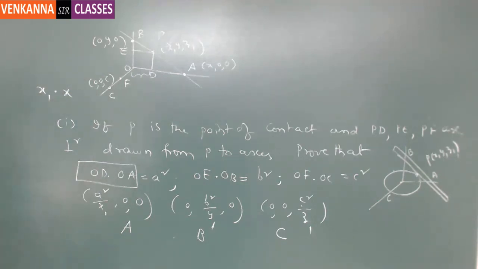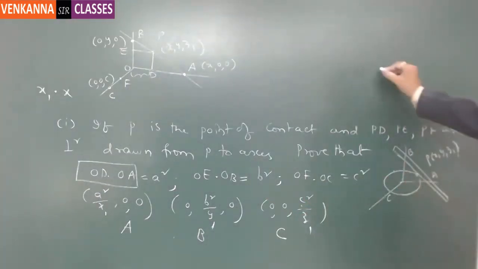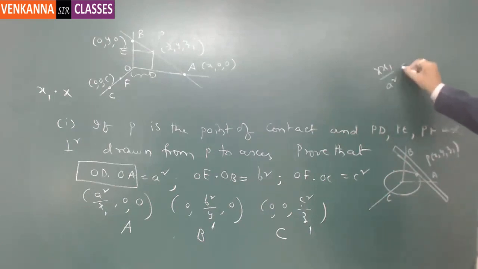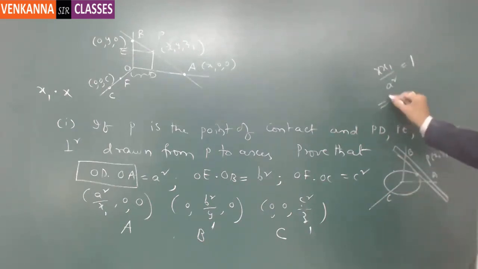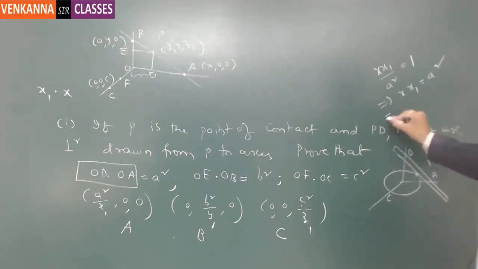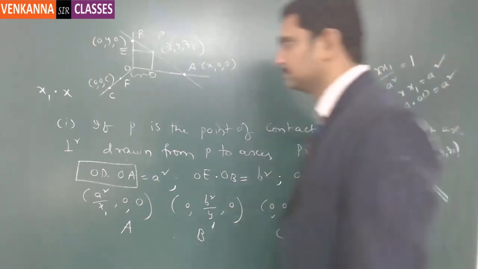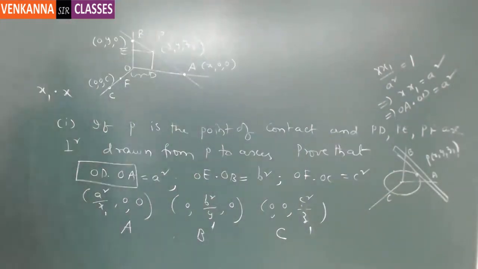Earlier you have proved that while taking the intercepts, x1 by a square is equal to 1. So x is nothing but OA, x1 is nothing but OD, and OD into OA is equal to a square. Clear?